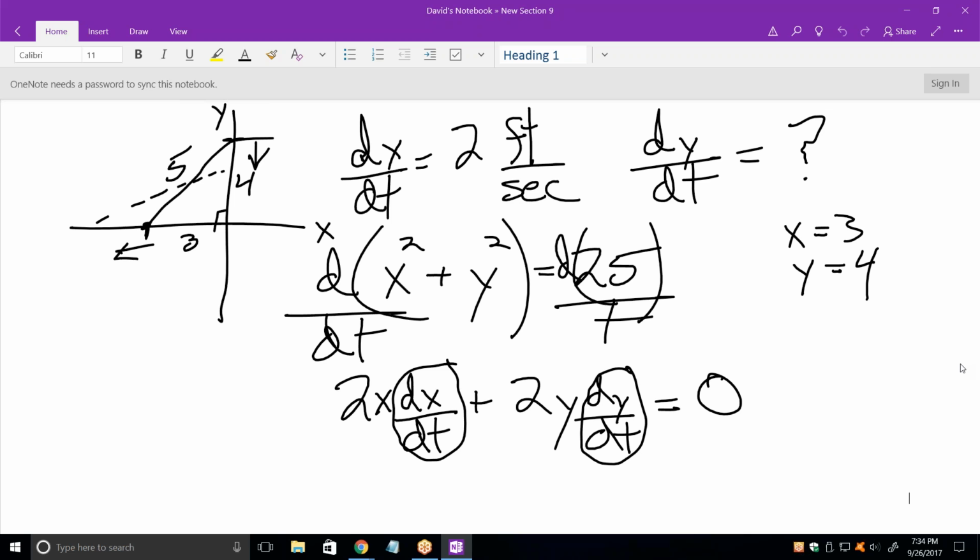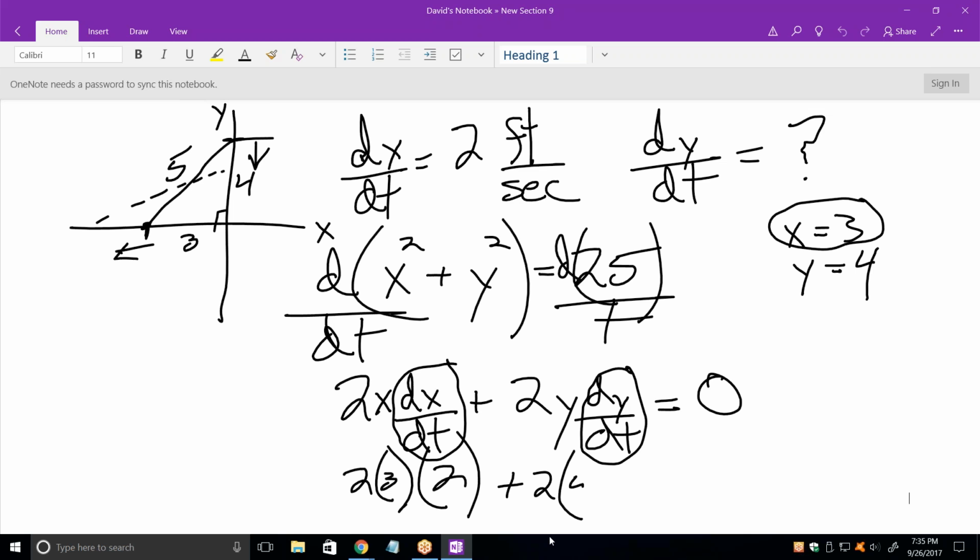Notice that I'm going to fill in every variable except dy/dt, and I will be able to calculate it. So I plug in x equals 3, so I have 2 times 3 times dx/dt, which is 2 feet per second, plus 2 times y, well, y is 4 at this precise moment in time, times dy/dt. That's all equal to 0.